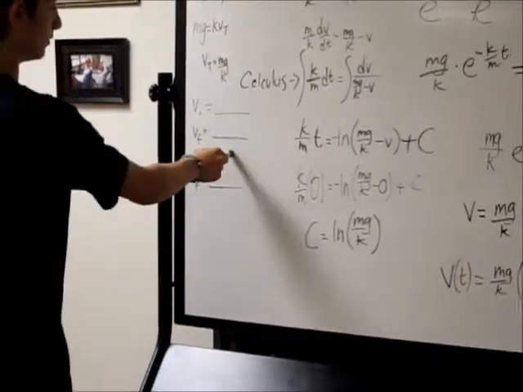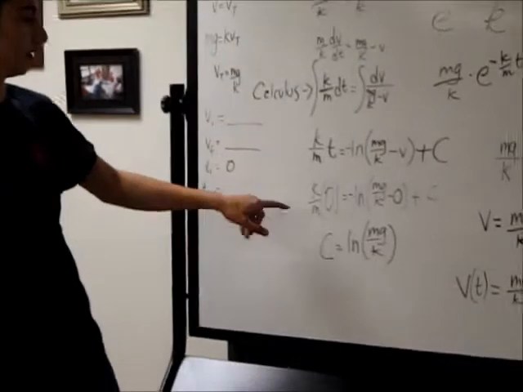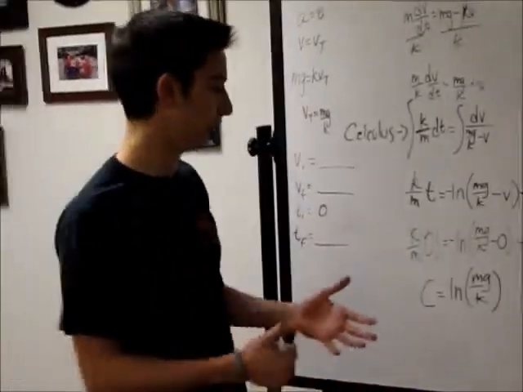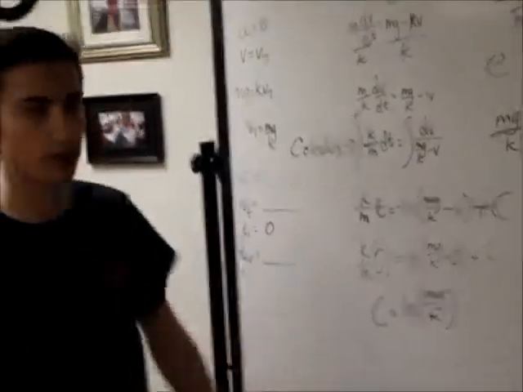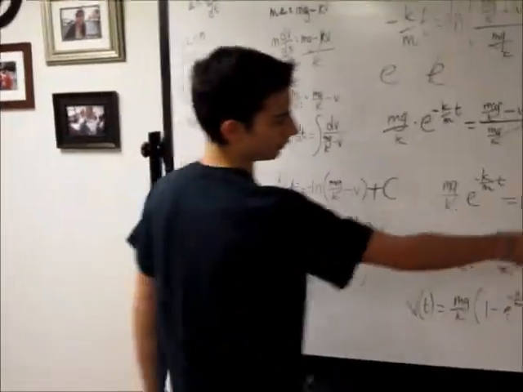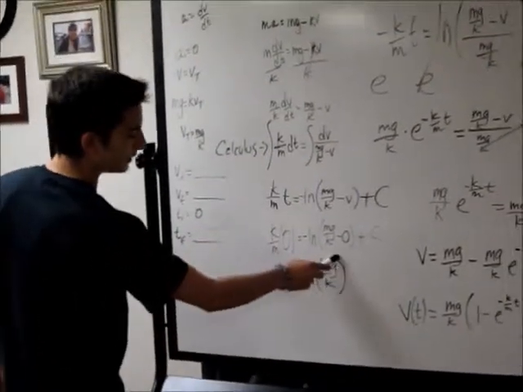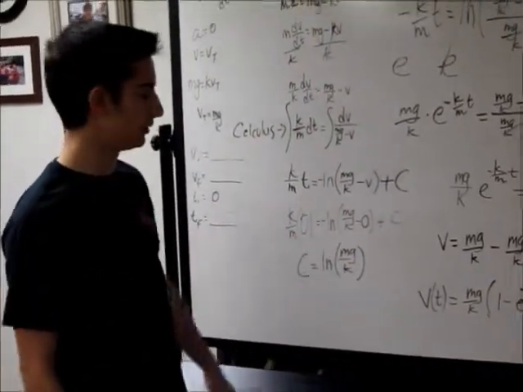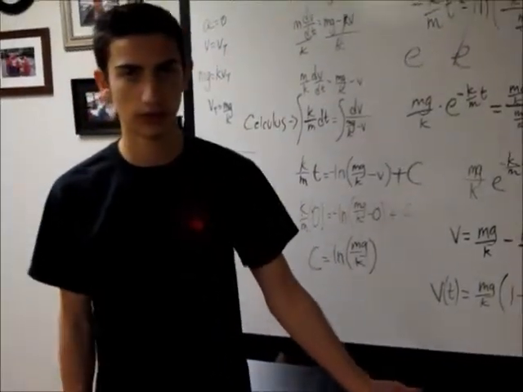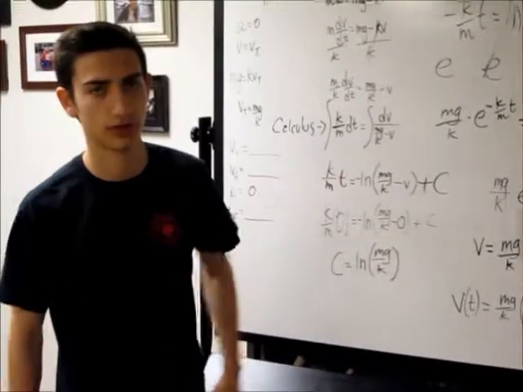So, our given constraints is at t equals 0. Okay? So we want to try and find out what's going on at t equals 0. So we know that at t equals 0, the velocity is 0. We can look at this graph and tell that. Alright? So plug this in, we do all the algebra again, and we get that c equals the natural log of mass times gravity over the k constant, which is the air resistance.